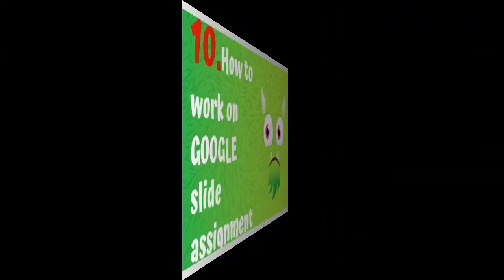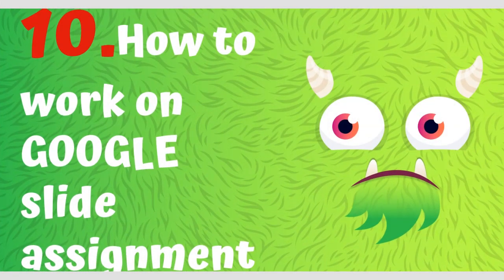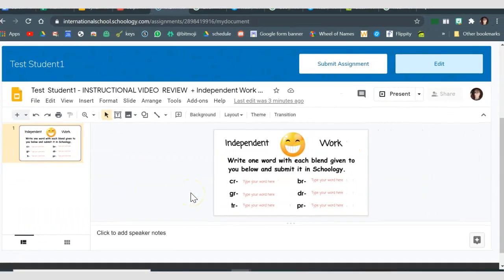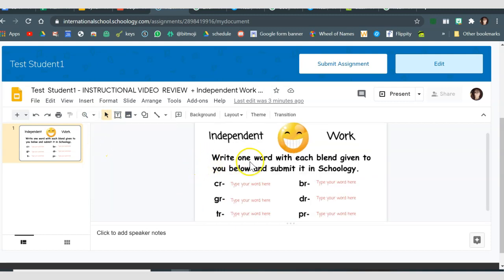Number 10, how to work on a Google Slide assignment. Okay, so let's say that this is the assignment. I need to work on this on Google Slides. I will first go into Zoom it because I need to see it better. And then you will see that these have boxes. So when you click on that where it says type your word here, all you need to do is backspace and erase that text, and you'll start writing what your teacher wants you to write.